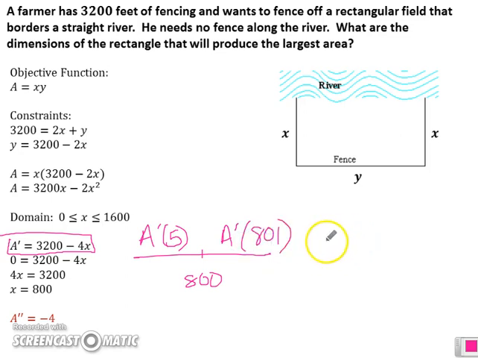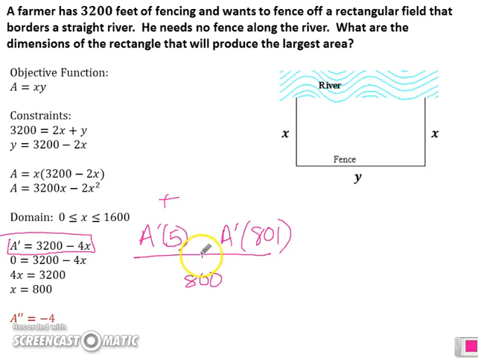Either way, you just pick a number less than 800, a number greater than 800, and then you determine if you have positive or negative. Well, this one's obviously going to be positive because it's like 3,200 minus 20. And then this one, 4 times 801, well, 4 times 800 is 3,200. That would give you 0.